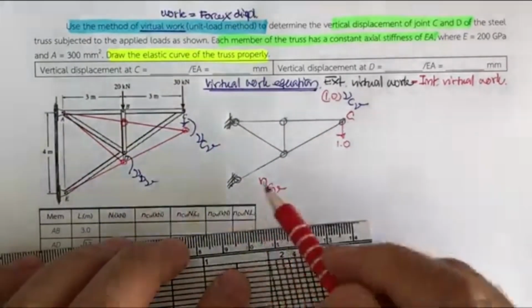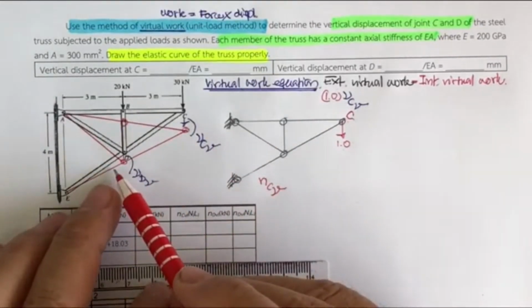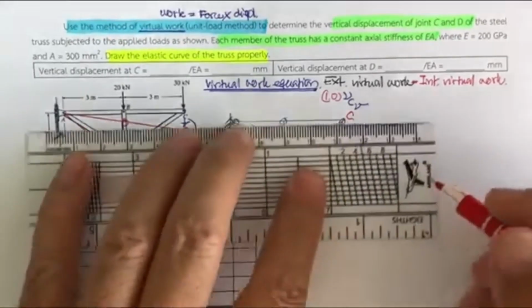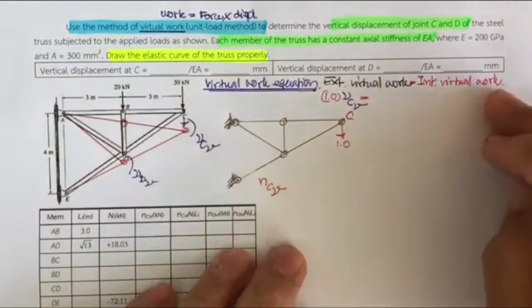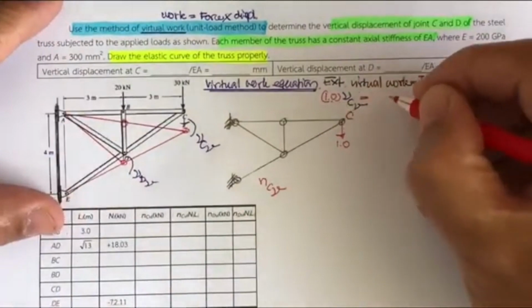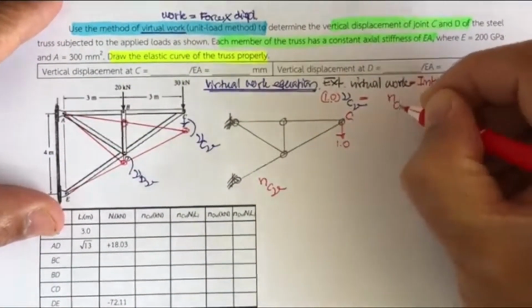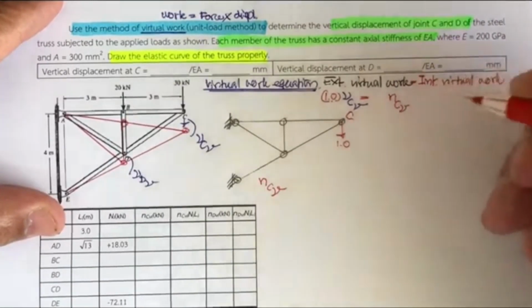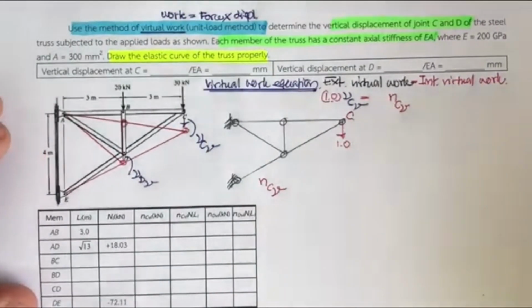When this member force is multiplied by the deformation of the truss, we get the internal virtual work.